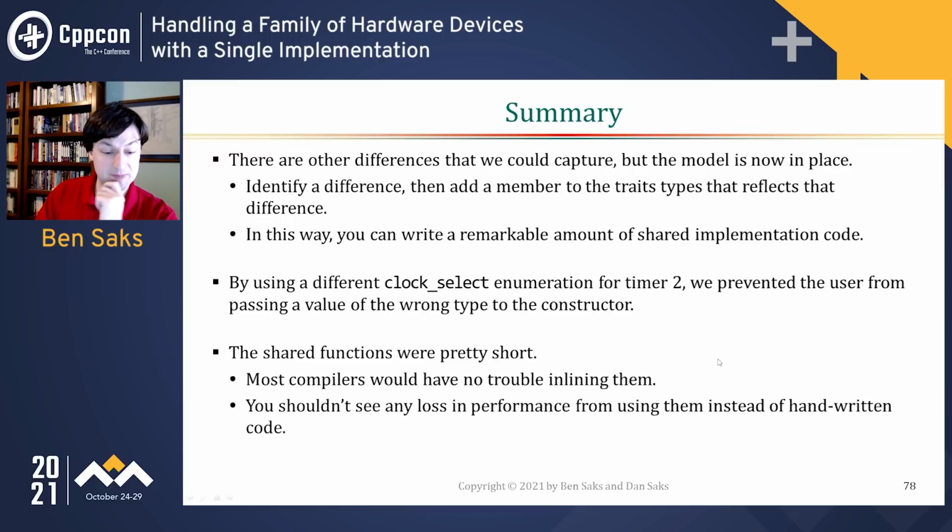And I would not expect many compilers to have trouble inlining these functions. So I would expect that you would get performance on par with what you would get if you didn't write these functions or classes at all and just accessed the individual register objects with handwritten code.